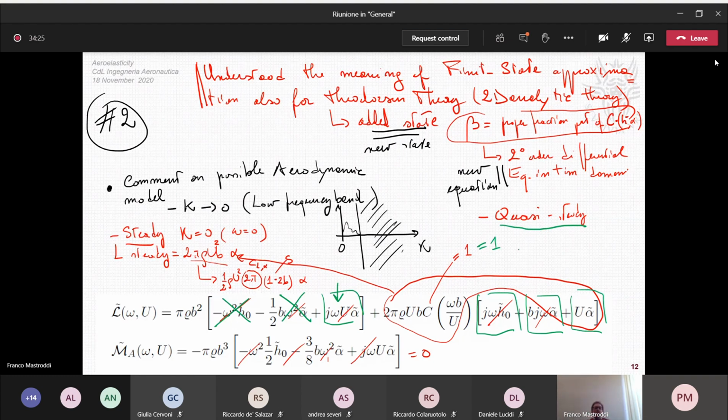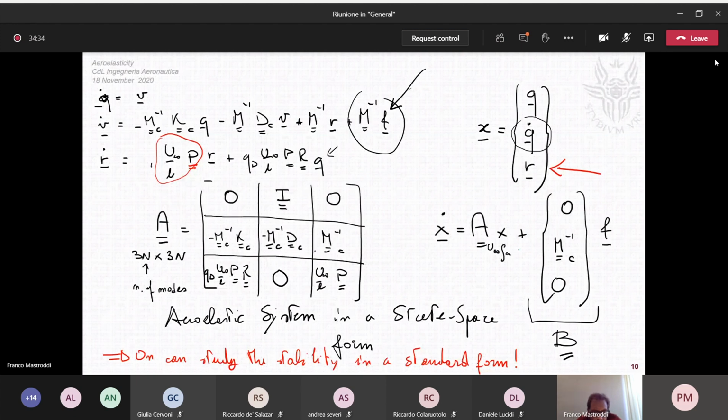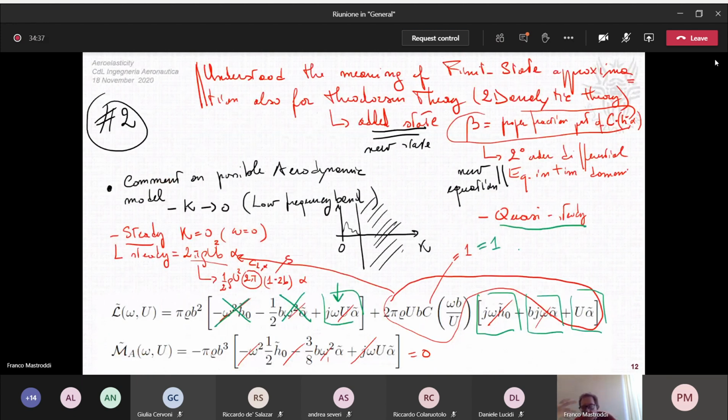Okay, of course, if you study the flutter problem in this case, you include the steady aerodynamic model for the aerodynamic and the fully unsteady model for the structure. What about the fully unsteady model for the structure? It is a standard model including the inertial forces, which are of the order omega squared for the inertia and omega to the power 0 for the stiffness.